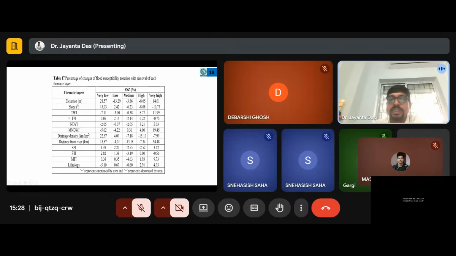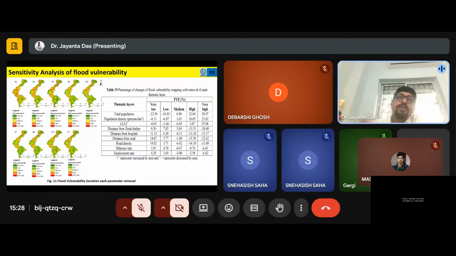So we should remove this parameter. We can remove only TPI because here the sensitivity is very low. If we remove this parameter, then definitely we will get a better result.